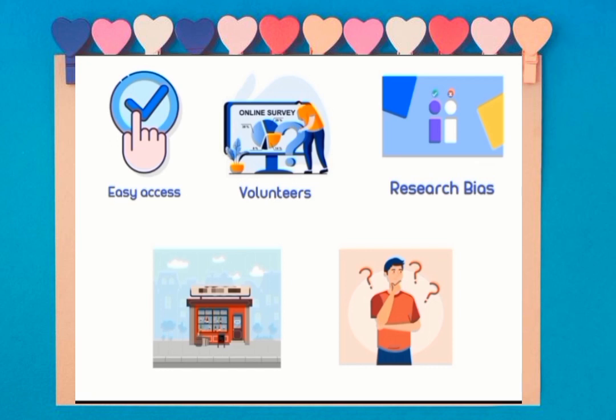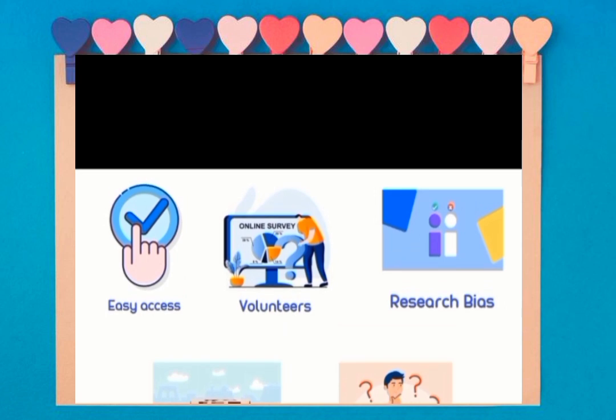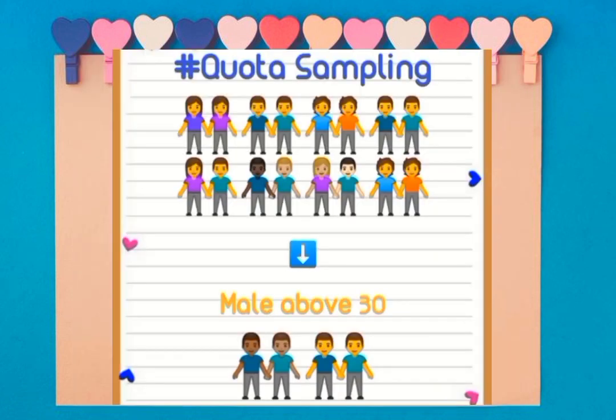A liquor company wants to do a survey on what age group prefers what brand of liquor in a particular setting. They apply a survey quota on the age groups, and some of them decide to complete it. This can certainly give you some insight into the topic, but the people who responded are more likely to be those males above 30, who have strong opinions about the brand of liquor.